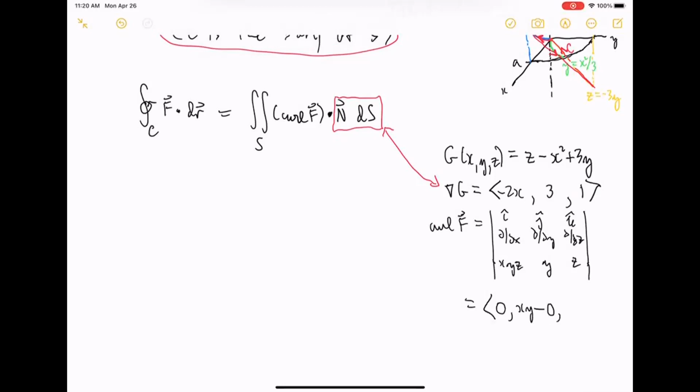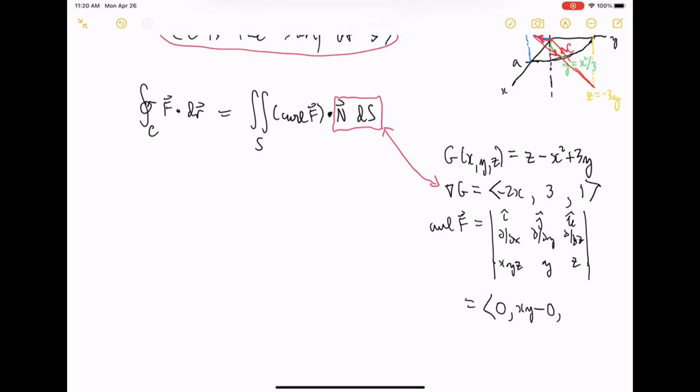Finally, what do we do last here? Okay, so we cross out the third column in the first row, and we go partial x of y, which is 0, minus partial y of xyz.